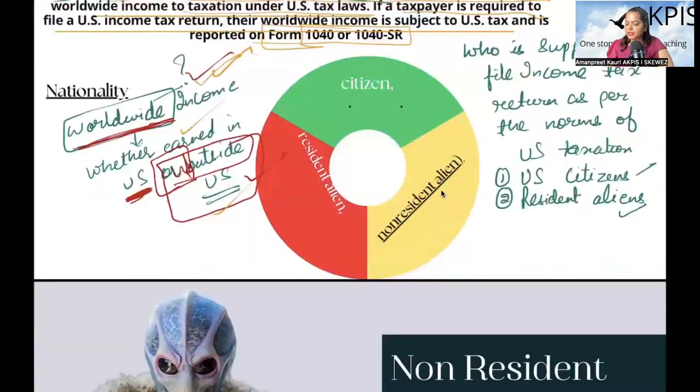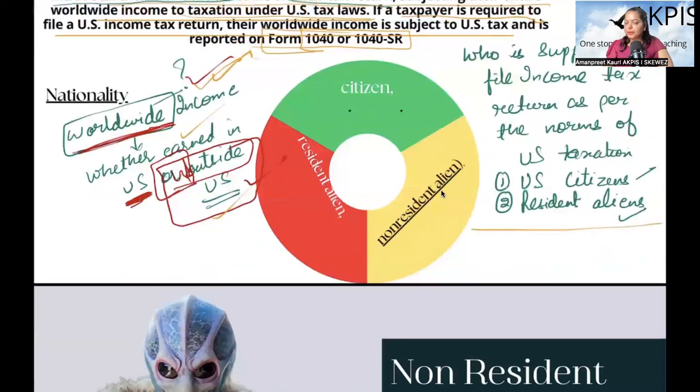Now let's discuss these forms also. Basically, if I specifically talk about Form 1040, that is an individual income tax return form for normal persons who are not yet senior citizens. So what is this SR?